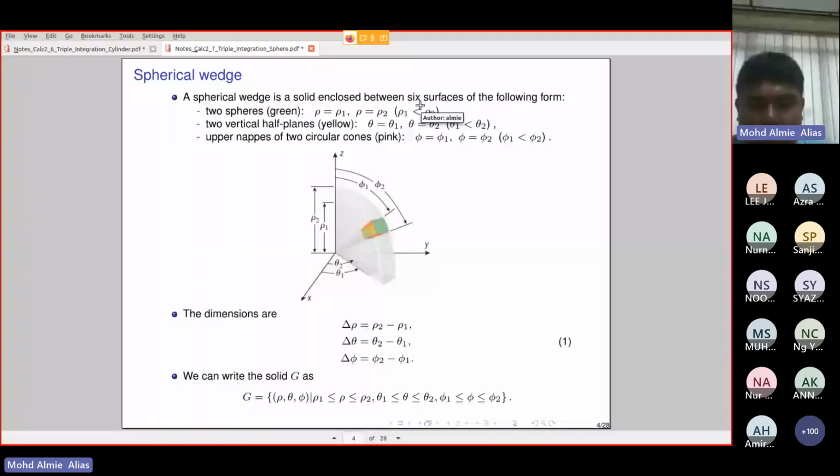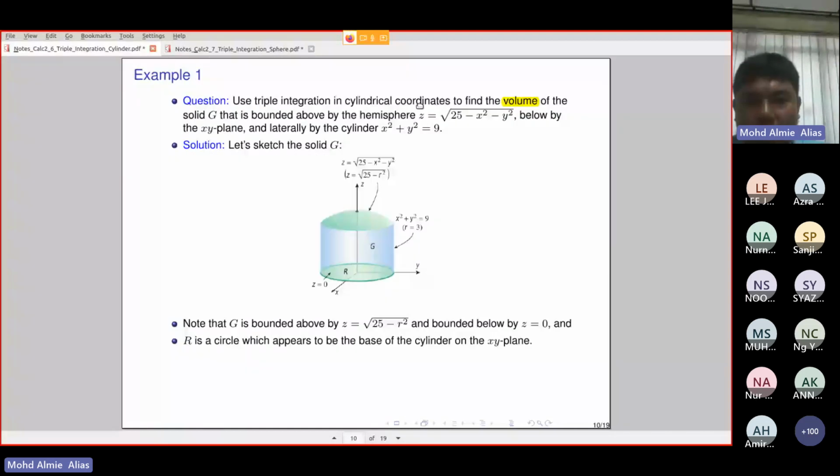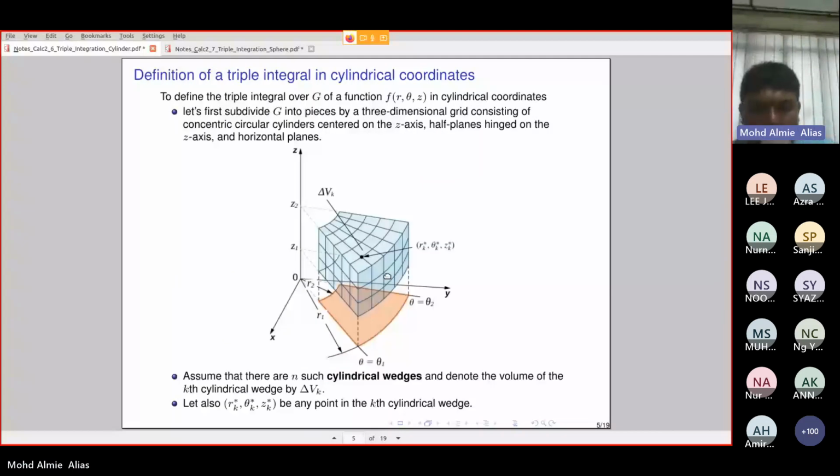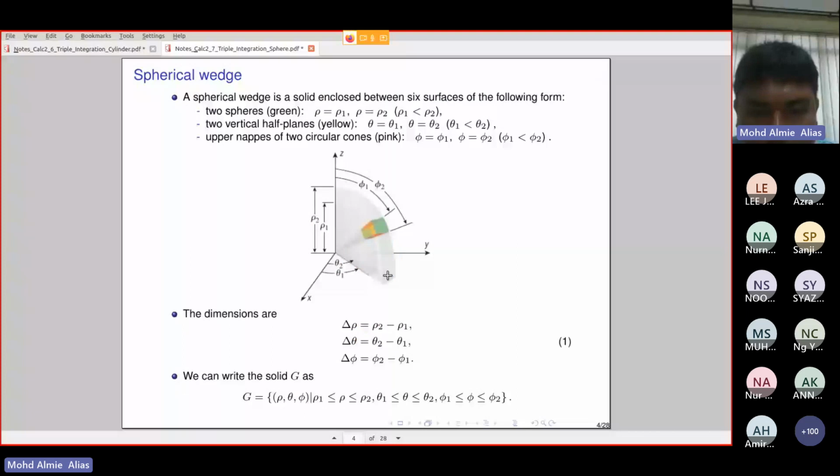Then go back to the previous slide. Okay, let's say you have a spherical wedge. This is like the wedge that we saw before for the cylindrical coordinate, something like this, or probably this. I'm sorry, I think this one. But now we have a spherical wedge.